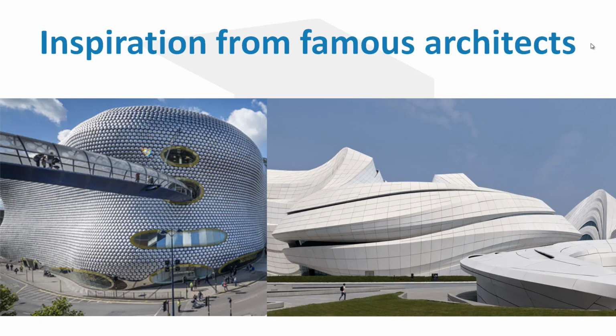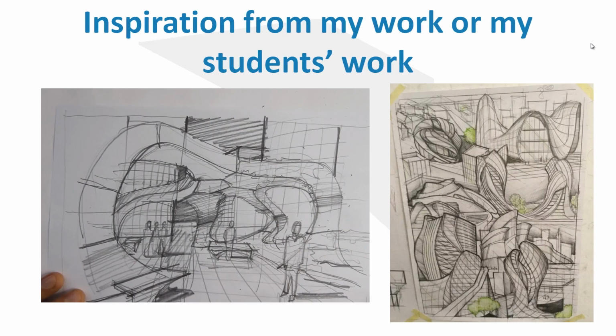You can take inspiration from famous architects, okay, and you can copy their work, it's fine. And you can take inspiration from my work, from my students' work. Right, these are organic shapes generated just by sketching them, which is all good.